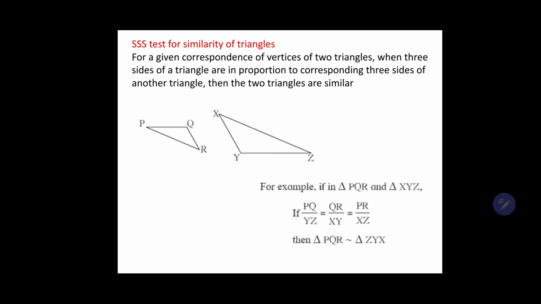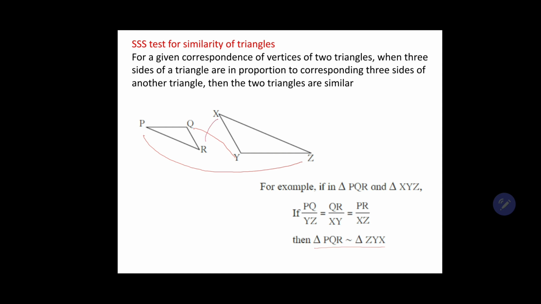For these two triangles, PQR and XYZ, if we observe the correspondence, triangle PQR corresponds to triangle ZYX. That means the corresponding vertex of P is Z. Then Q and Y are corresponding vertices, and R and X are the corresponding vertices.